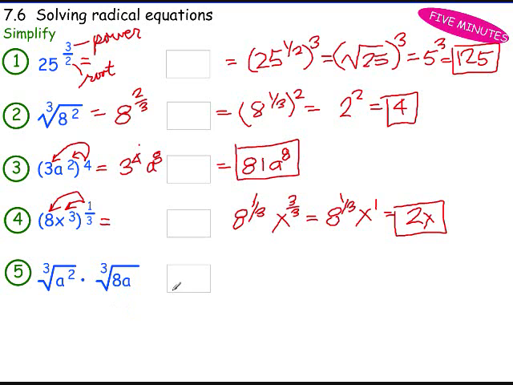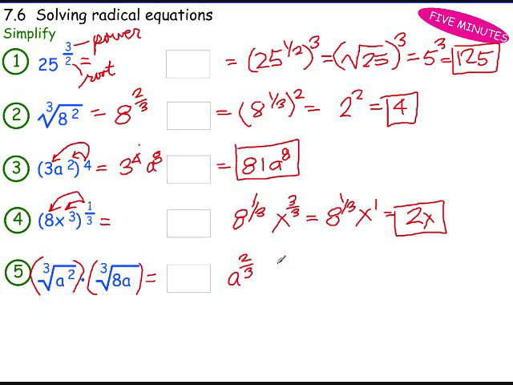Yikes, what am I looking at here? Okay, let's see what we can do with this. We're going to use rational exponents to try and help ourselves out. And we'll first do this expression, and then we'll do this expression. We've got a, and it's got the root 3, so we put that in the denominator, and a power of 2.